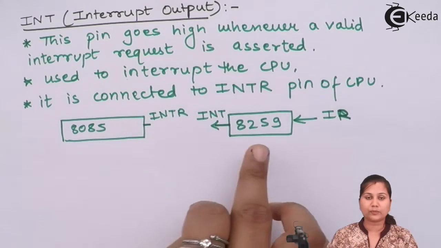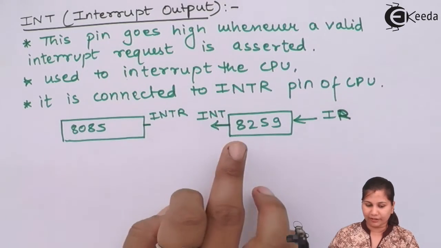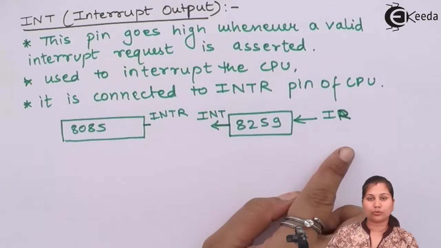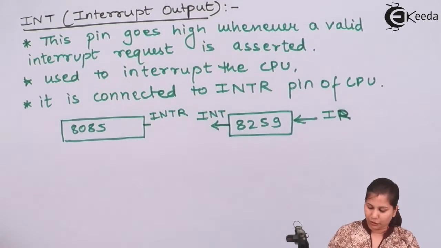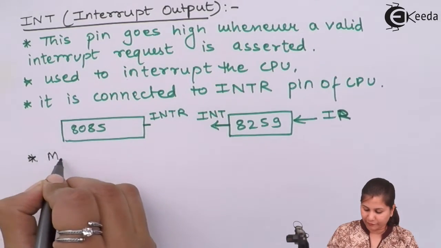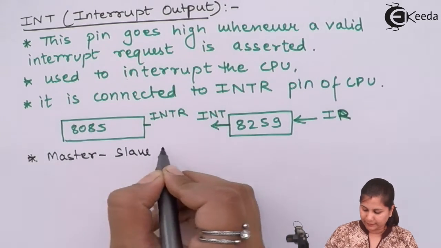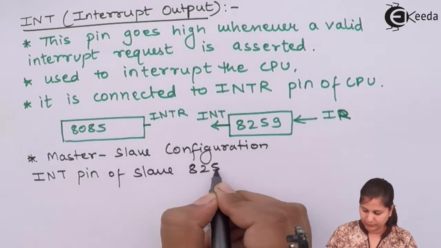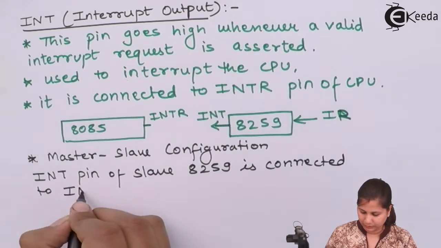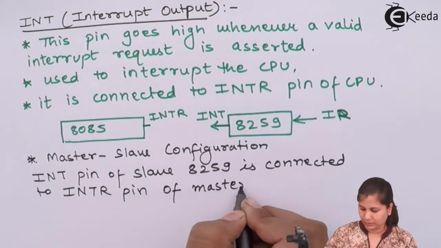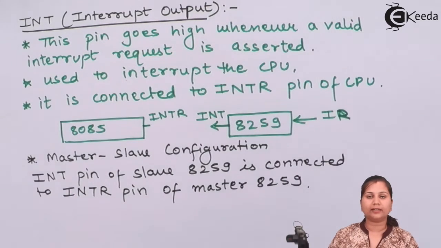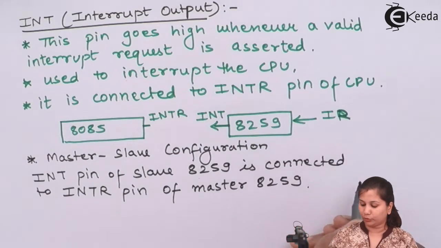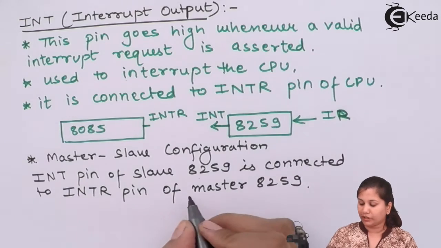Now when the 8259 is working in the master slave configuration, the interrupt output pin of the slave 8259 is connected to the interrupt request pin, that is the IR pin of the master 8259.